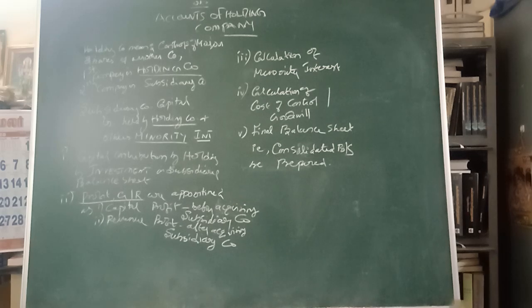Then the balance 48 shares are held by others who are scattered in the market. Those 48 shares are named as minority group. They are not in majority, so they are minority group.